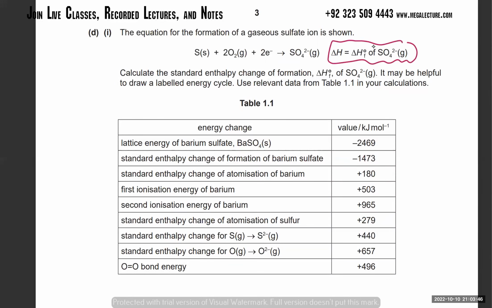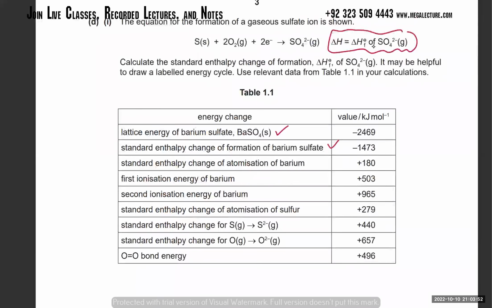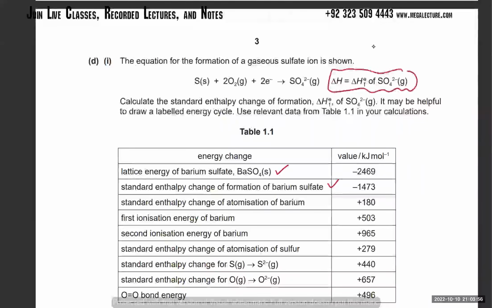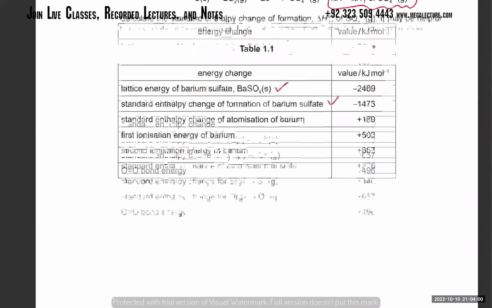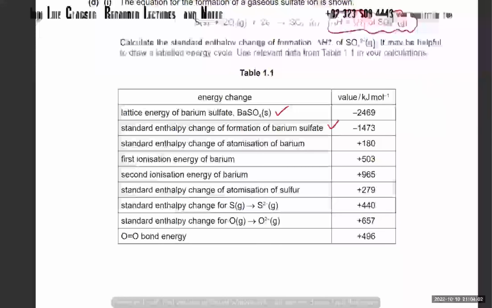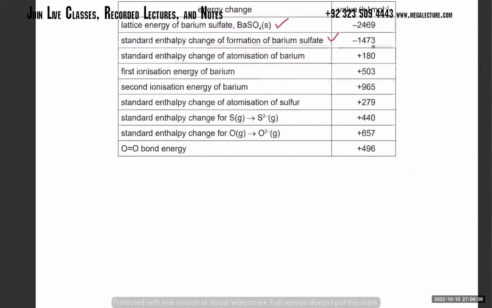And they gave a lot of stuff about barium sulfate, right? So what we're actually going to do is the barium sulfate lattice energy, right? So what you do is you start off with enthalpy of formation. You can remember this Hess cycle. You always start off with enthalpy of formation. That makes things easy.